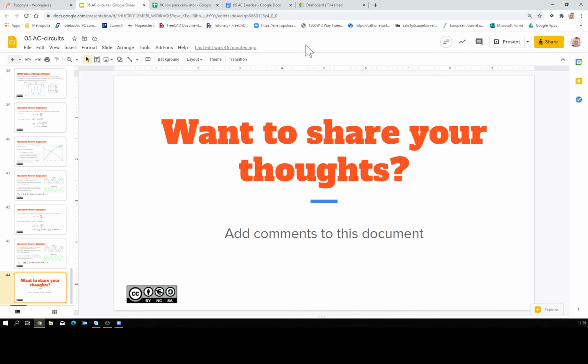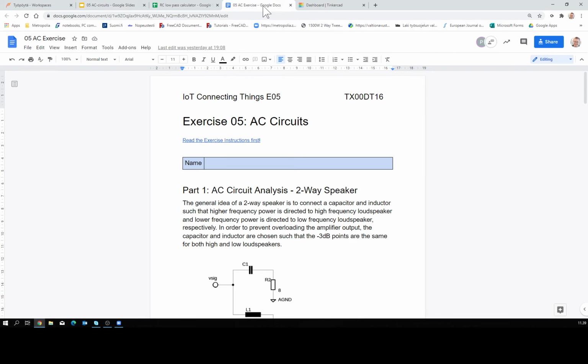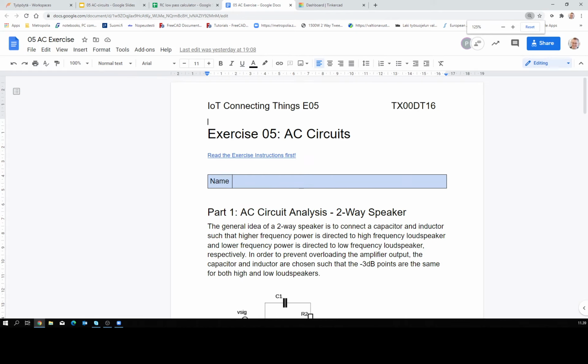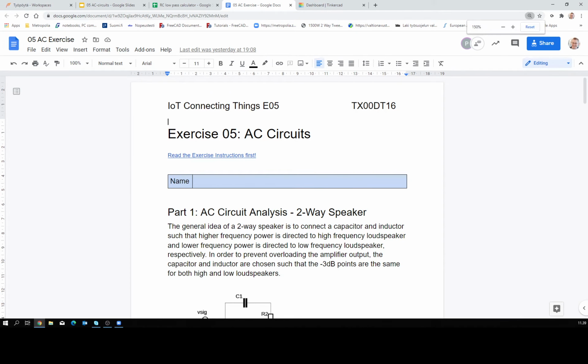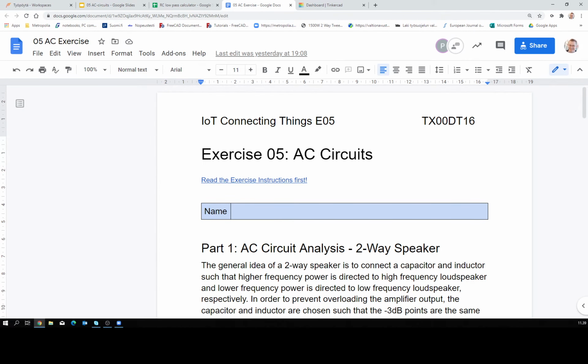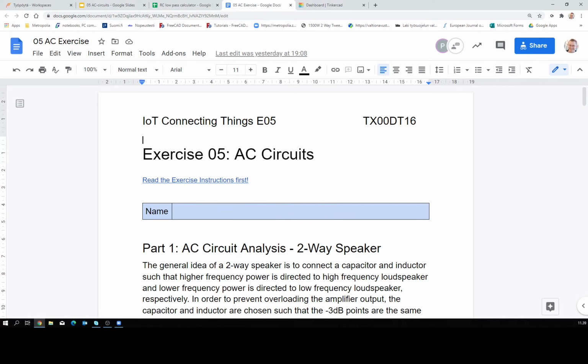Let me go a little bit now at the end through some details about the fifth exercise. This could be a little bit bigger, I think. So the fifth exercise is about the AC circuits.